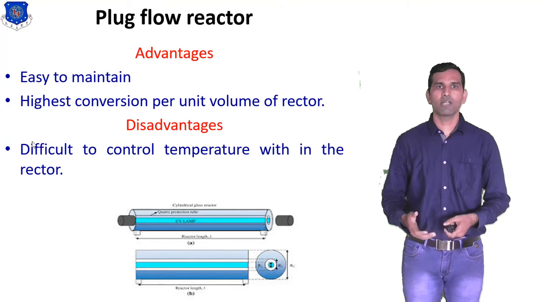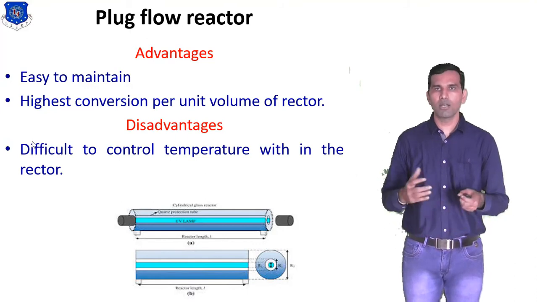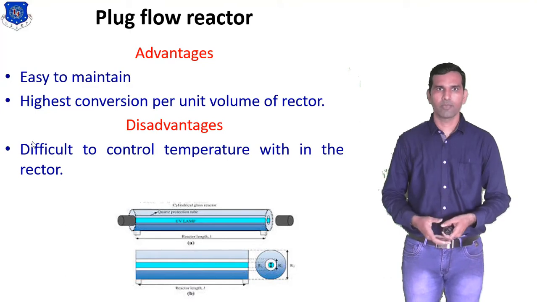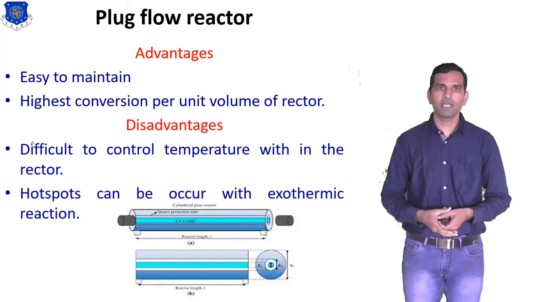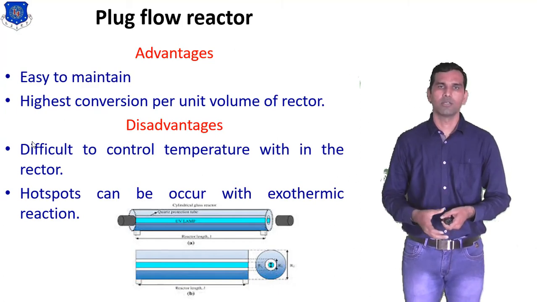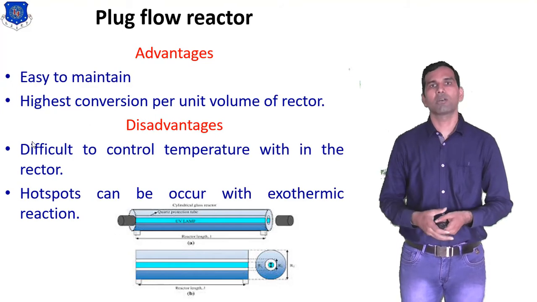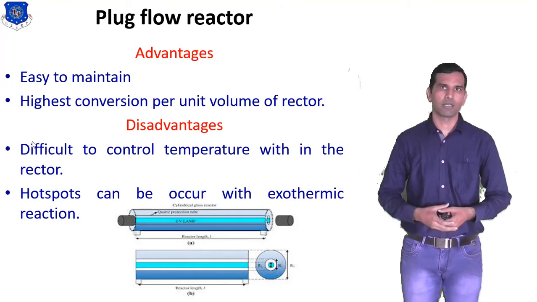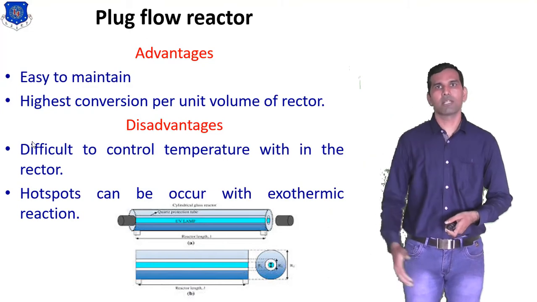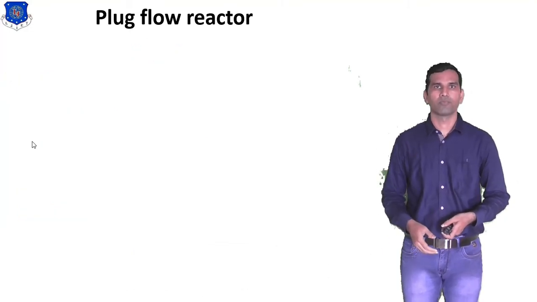The first disadvantage is that it is difficult to control temperature within the reactor. The next disadvantage is that hot spots can occur with exothermic reactions. So these are the advantages and disadvantages of the plug flow reactor.